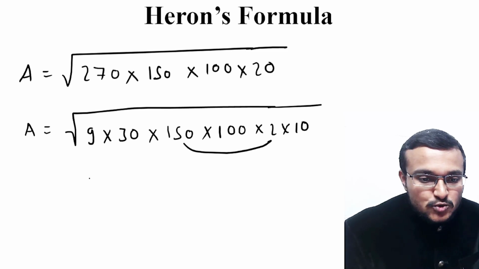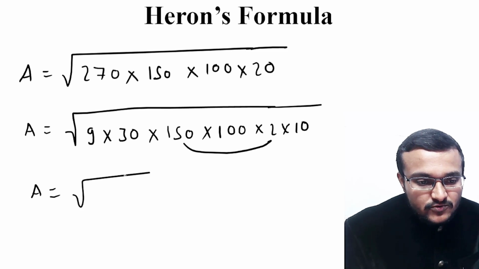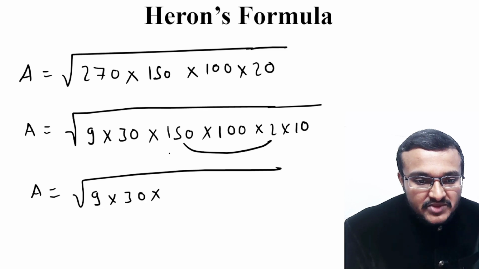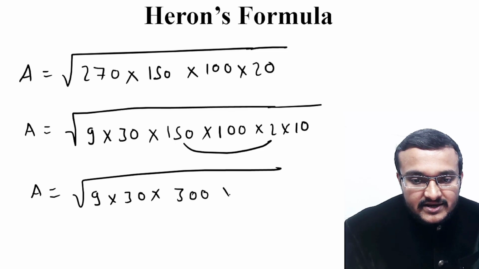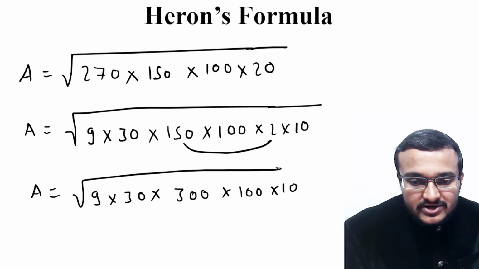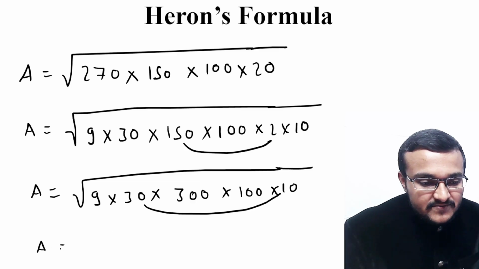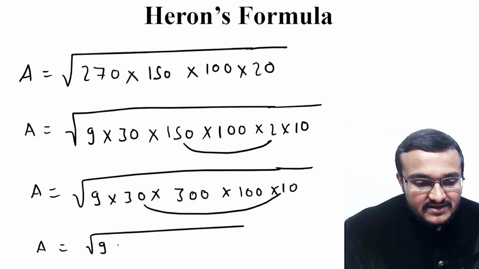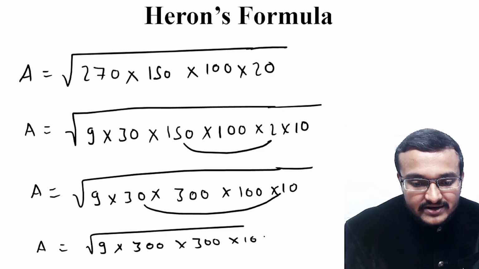So 150 and 2 will multiply, giving 300. So 9 into 30 into 300 into 100 into 10. Here 30 and 10 will multiply together, so 9 into 300 into 300 into 100.